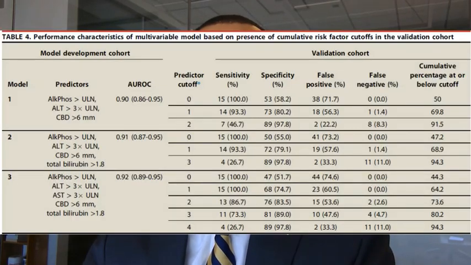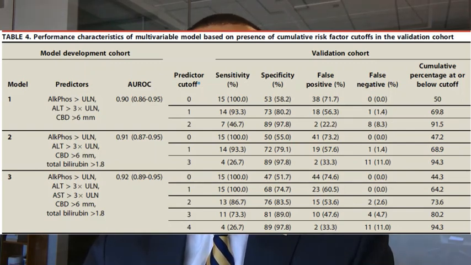These results informed the development of 3 multivariable models using cumulative risk factors to predict choledocholithiasis, using the 3 derived variables felt to be most predictive. These models were then tested in our validation cohort. Each proposed model performed well with AUROC greater than 0.9.